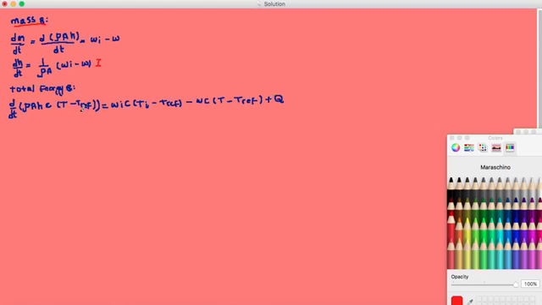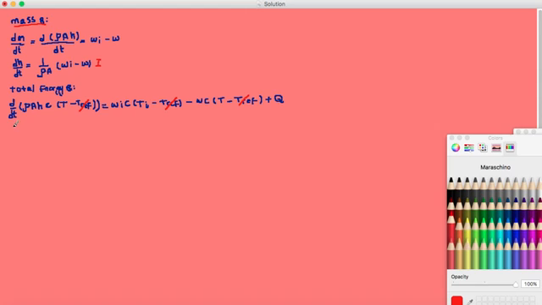We also assume that T reference is 0, so we can eliminate T reference from our equation.